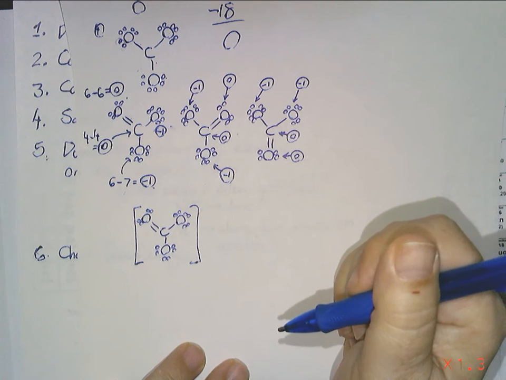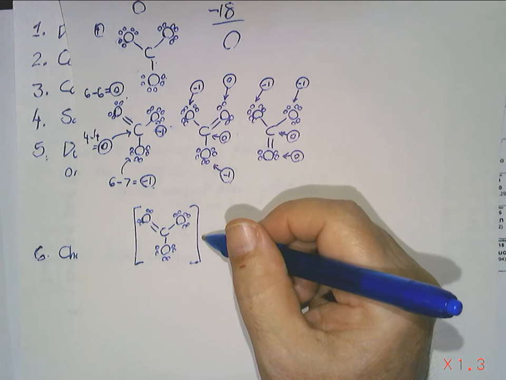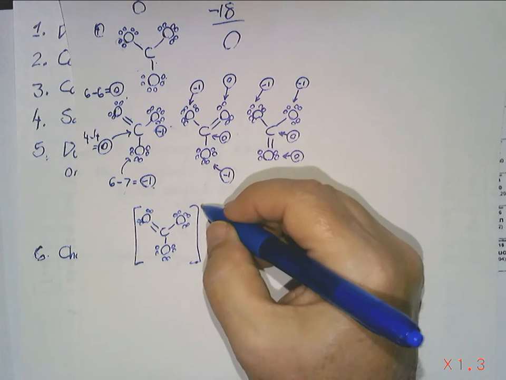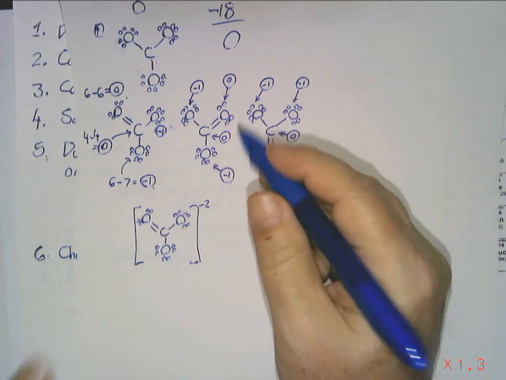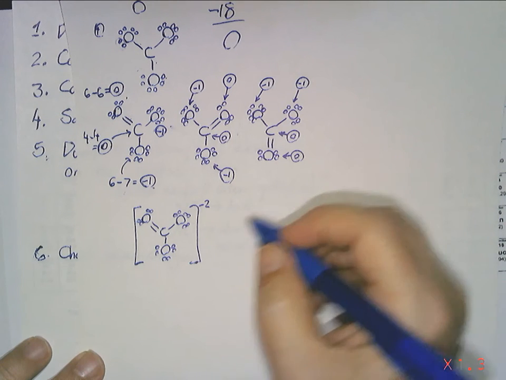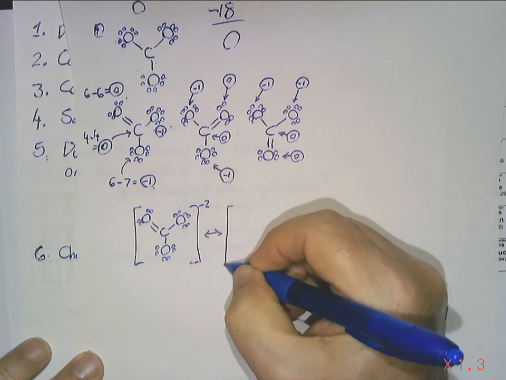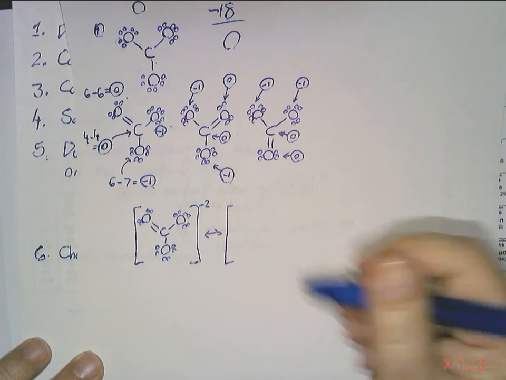When I have multiple, there's 2 times that I put square brackets around the entire structure. When I have a charge on it, and I also am going to do that when I have multiple versions of the same structure. And what I'm going to do is I'm going to tie that with the other versions with a double arrow. So we're at a double arrow in there.